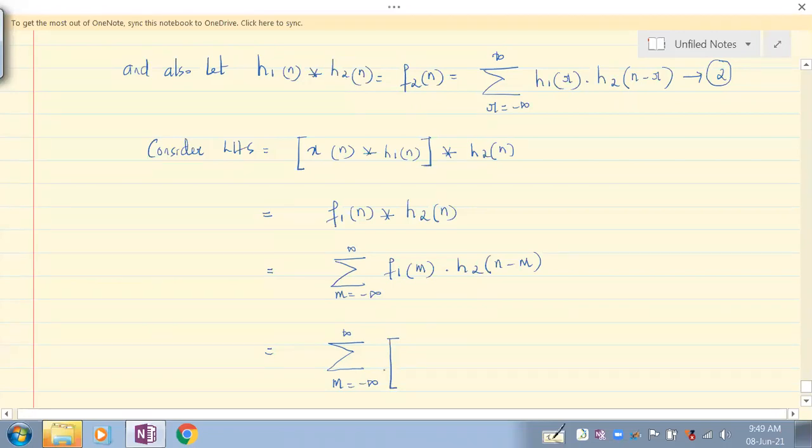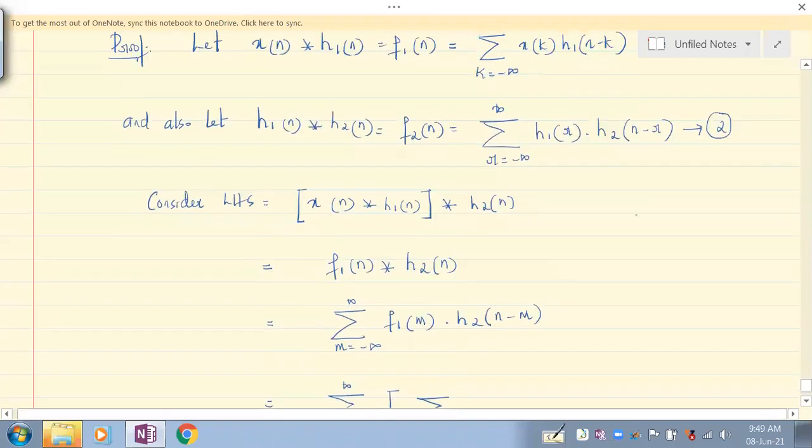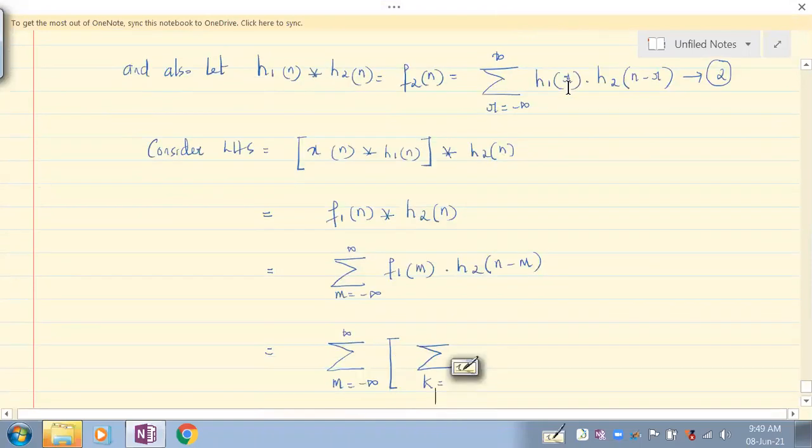Summation k ranging from minus infinity to plus infinity, x of k, h1 of m minus k.